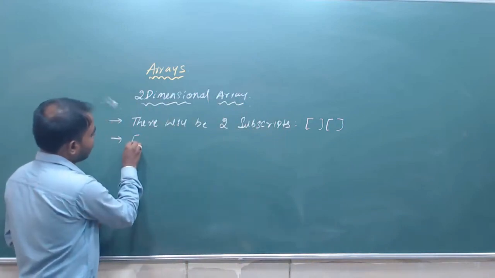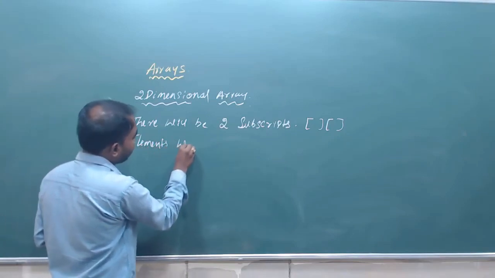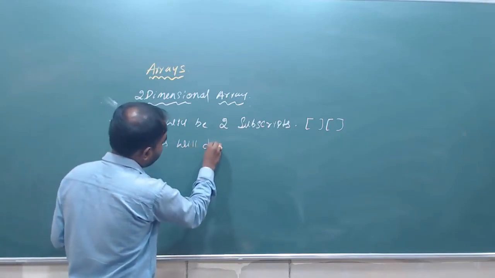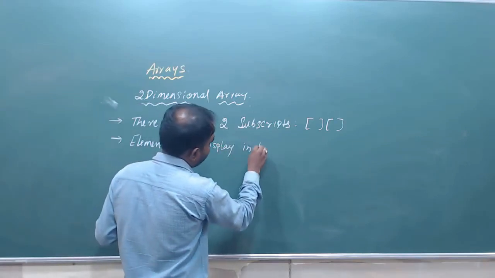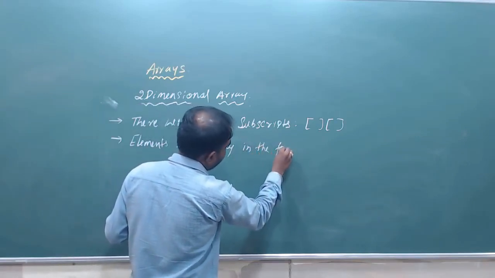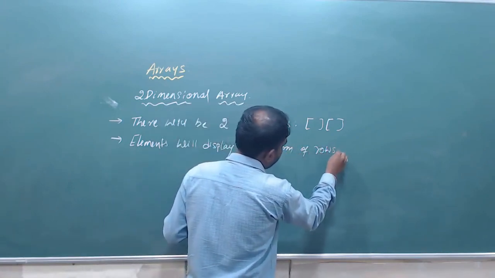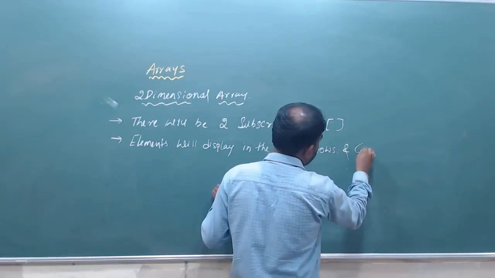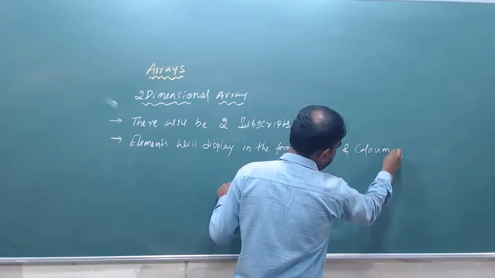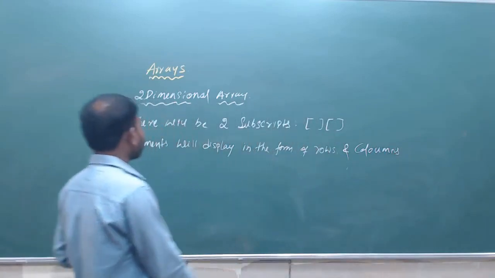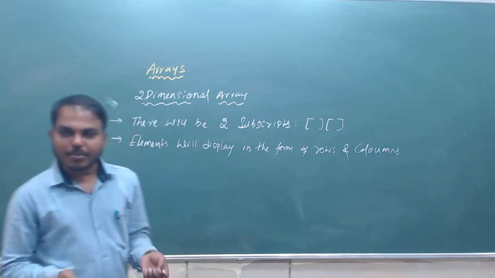Meaning, elements will be displayed in the form of rows and columns, that is nothing but a table.